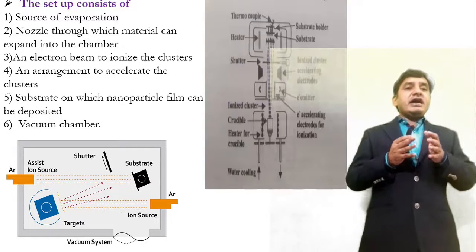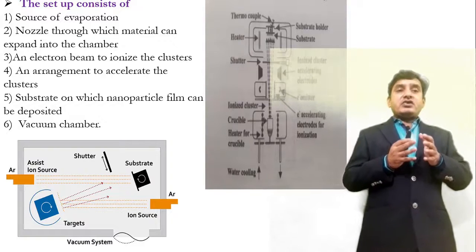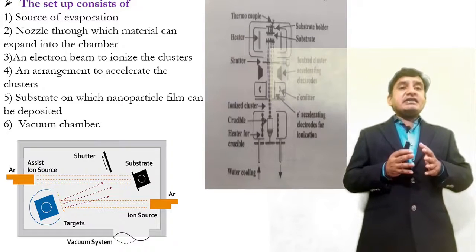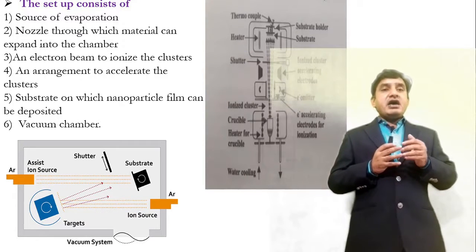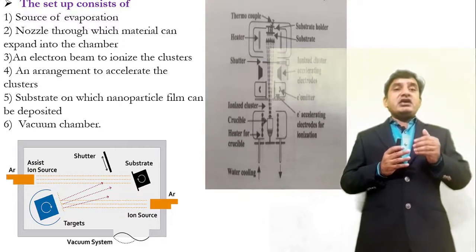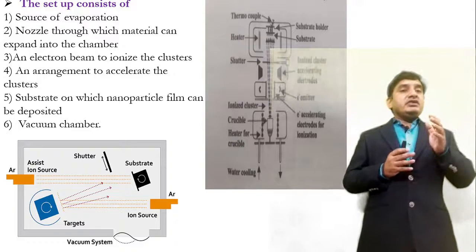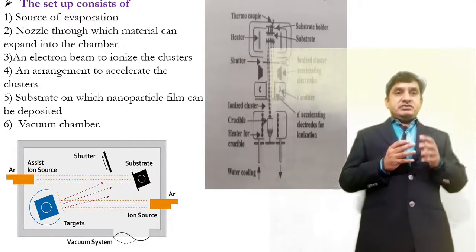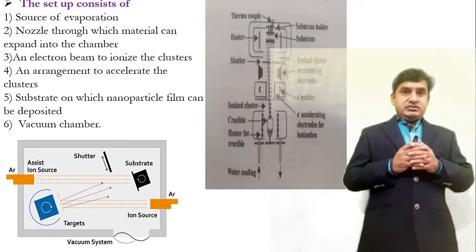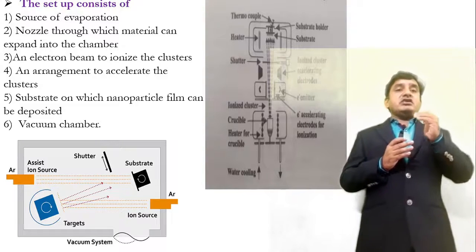This electron or cluster is accelerated by the ionized cluster accelerating electrode. Then there is a sputter, then there is a heater.